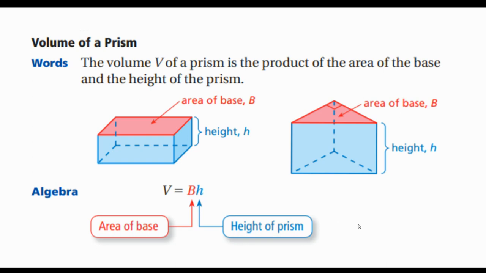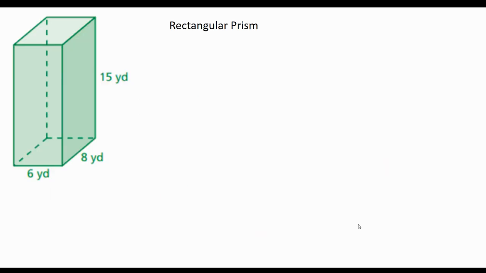So if we look at our first example, today we're just going to be focusing on rectangular prisms. Tomorrow we'll do triangular. So for a rectangular prism, we want our volume. Here we have a 6 yard by 8 yard by 15 yard prism. The volume equals the area of the base times the height. Our base is a rectangle, and the area of a rectangle is length times width.